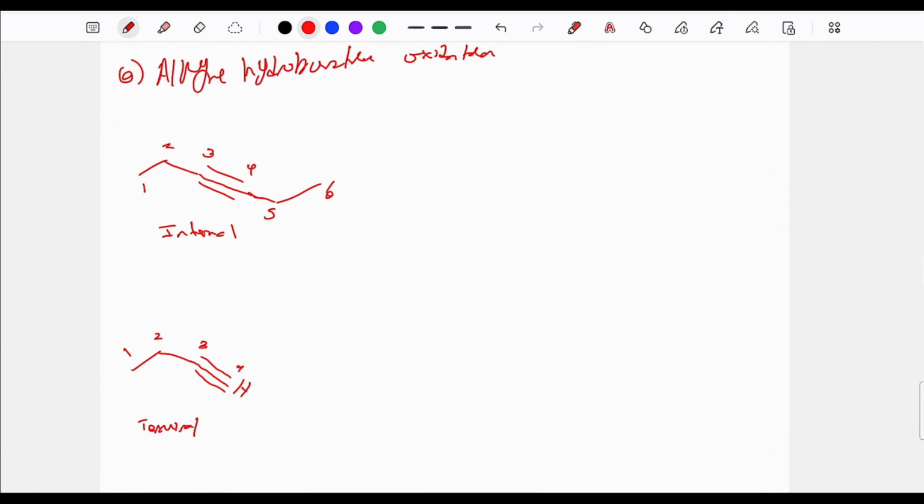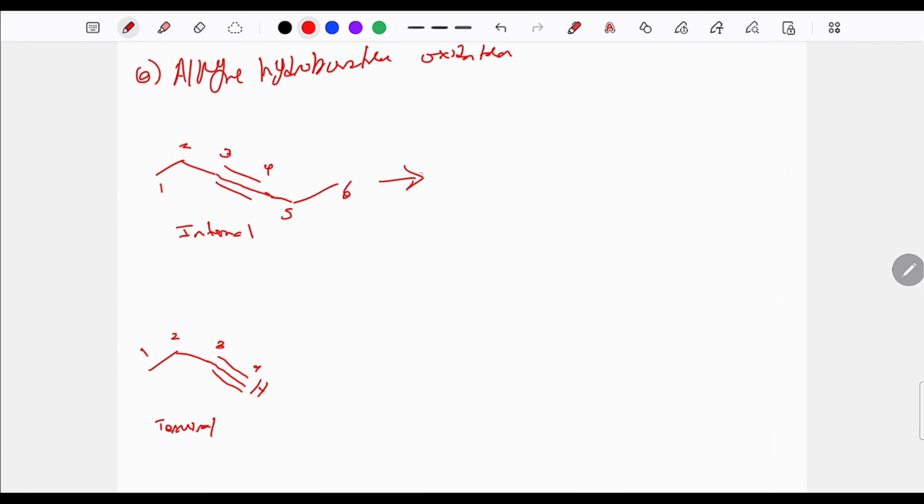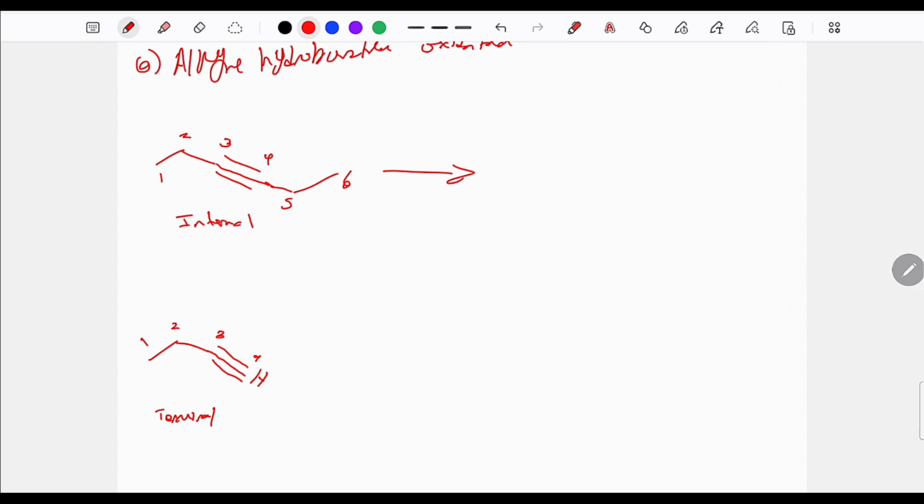So let's do this right here. Remember, we will use hydroboration oxidation. If you remember, we used BH3 in THF. But here's the kicker. We don't actually use borane.